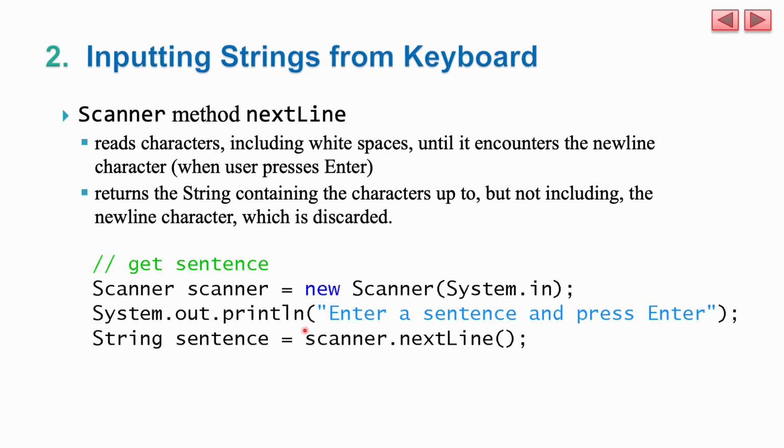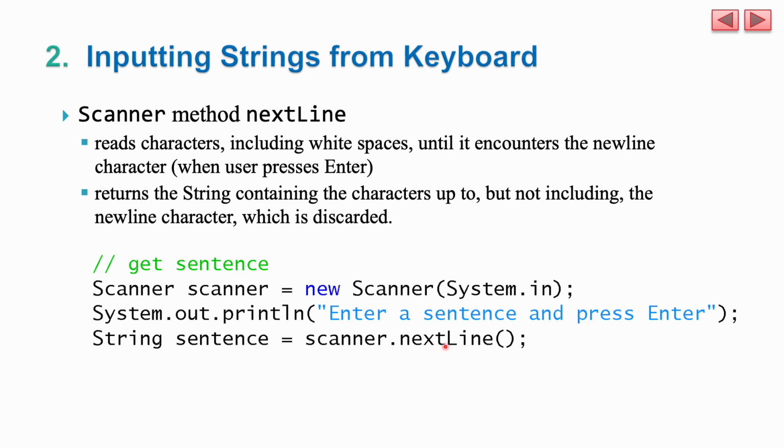Here is an example of calling the nextLine method. First, you need to create a Scanner object, just like when you need to read other inputs from the keyboard. Then you may display some prompt, such as enter a sentence and press enter.